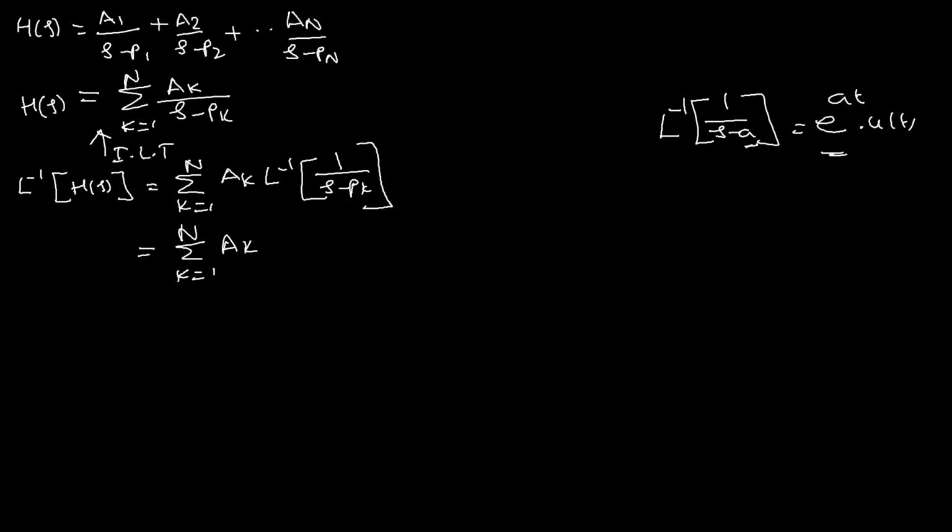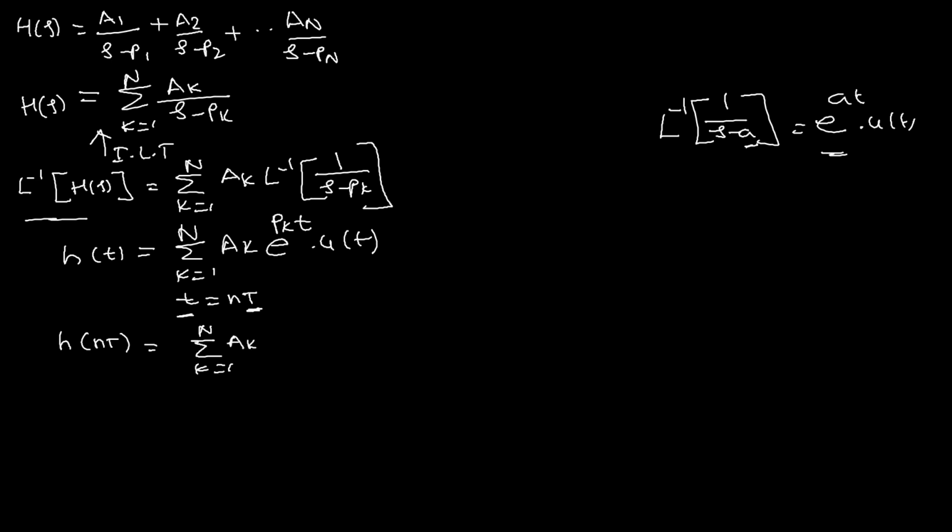Using the formula, with Pk in place of a, I can write e to the power Pk t into u(t). This inverse Laplace transform of H(s) is h(t). Now we find h(n) by sampling t equal to nT, sampling at T time intervals. So h(nT) is the sum for k equal to 1 to n of Ak e to the power Pk nT into u(nT).